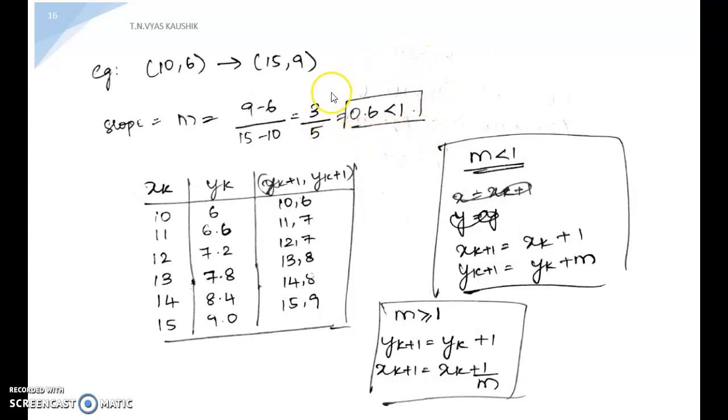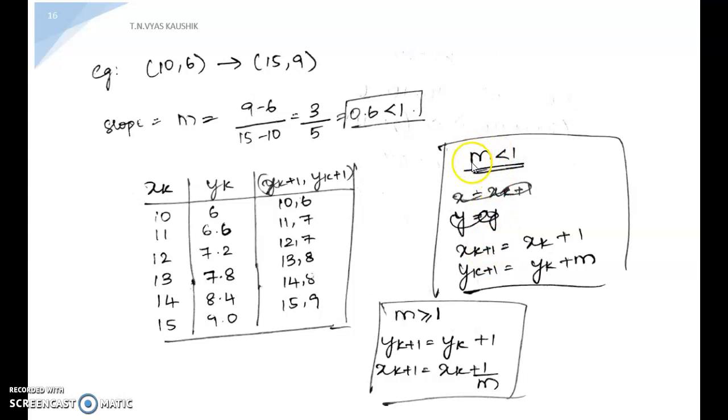The essential condition we need to check is whether this m is less than 1 or greater than 1. Why we are checking this: if the slope is less than 1, we know that the denominator is greater than the numerator, that is del x, which is x2 - x1, is greater than del y. In that case, the next x step must be the given x plus 1. I hope you're understanding; it will be clear when we solve this problem.